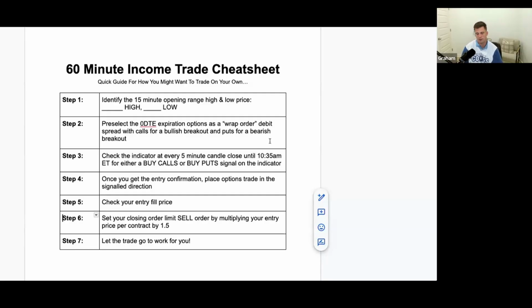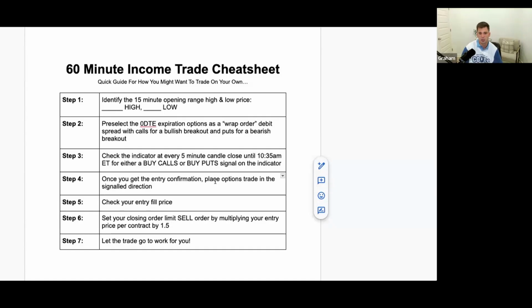Of course, after you do a couple of these on your own, you don't necessarily need to do this step, but it can be helpful so you're not scrambling or feeling like you have to scramble when we do get an entry. And then you just check back the indicator every 5-minute candle close. So you check it at 9:50, 9:55, 10 a.m., 10:05, 10:10, et cetera, until we get that entry.